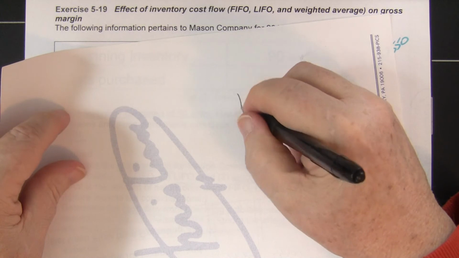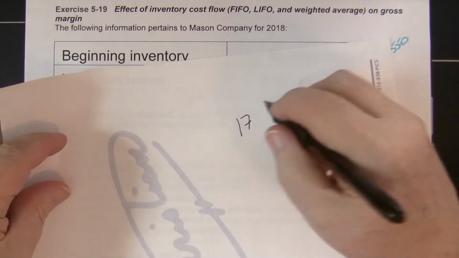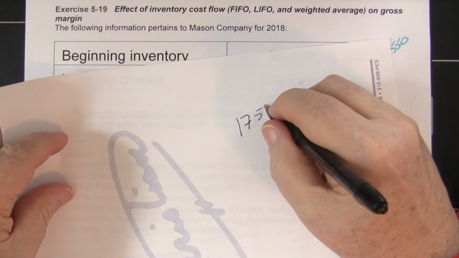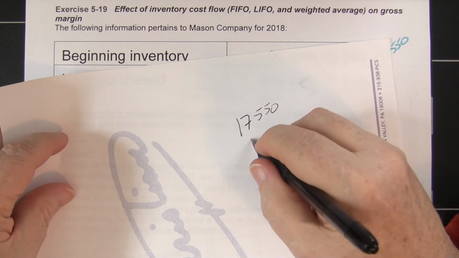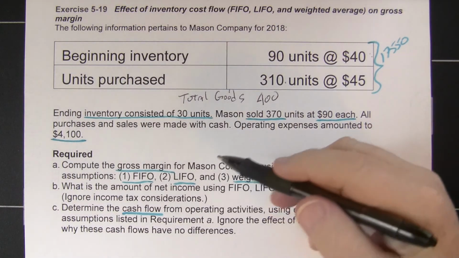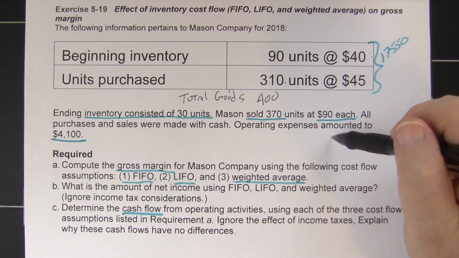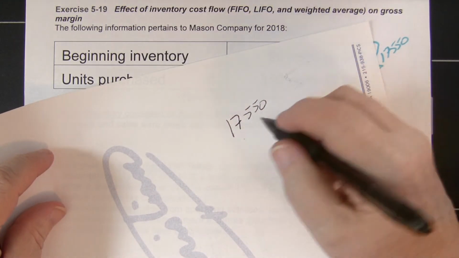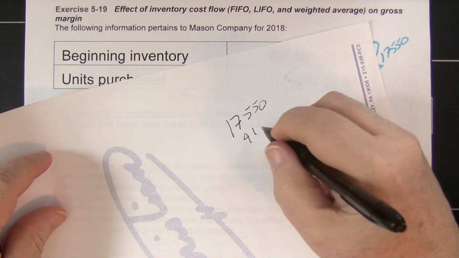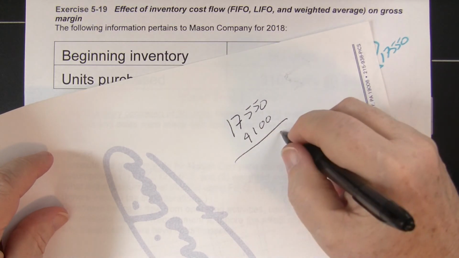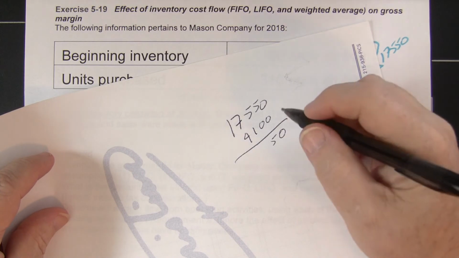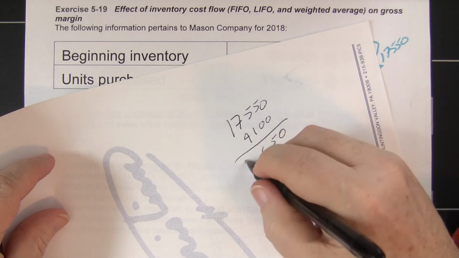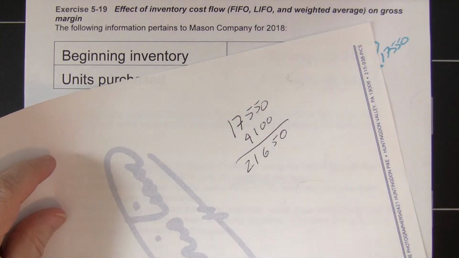So let's add that up. $17,550 and $4,100 is $21,650.